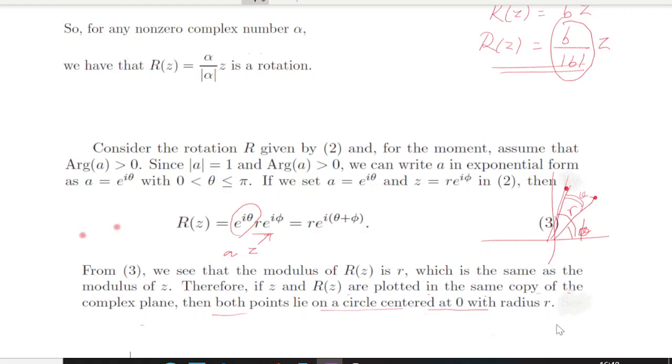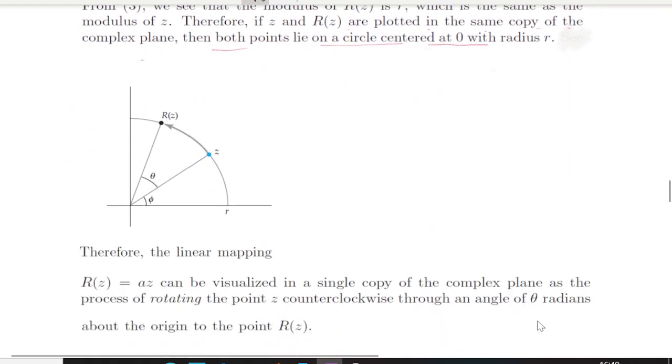See, I have marked only this one point. We can have another theta, another one here, another one here. All the modulus values are going to be the same. So when I extend this, I will get a circle, right? See, like this.